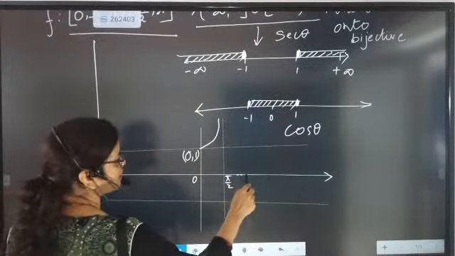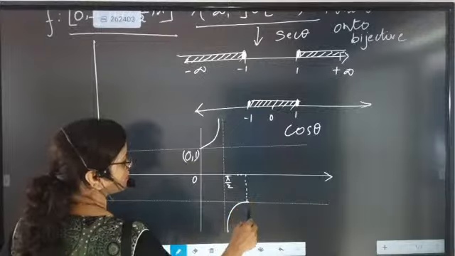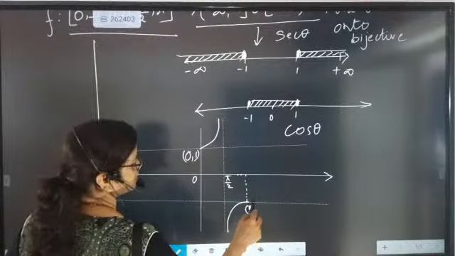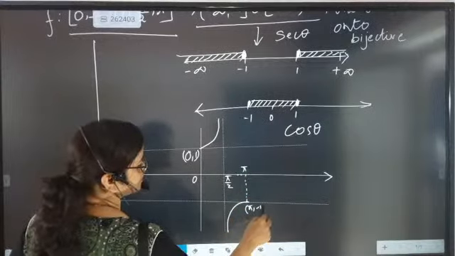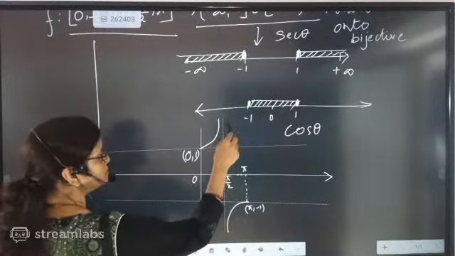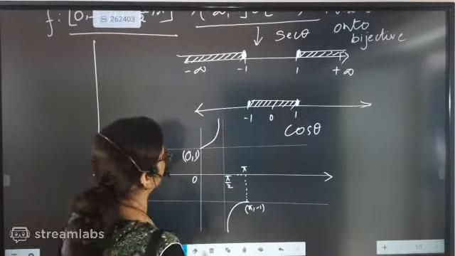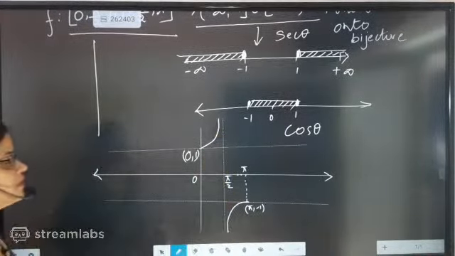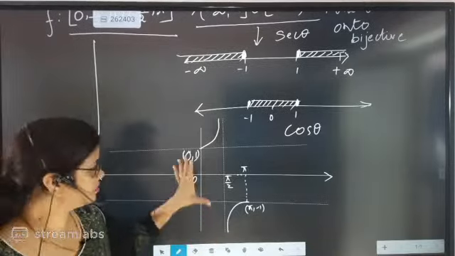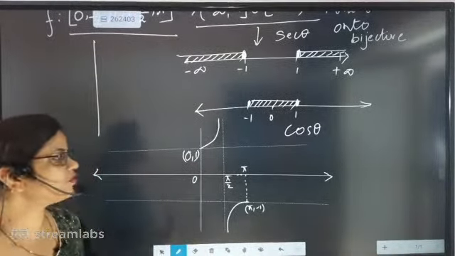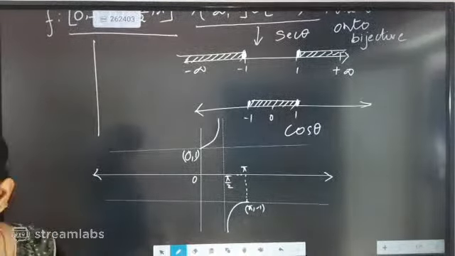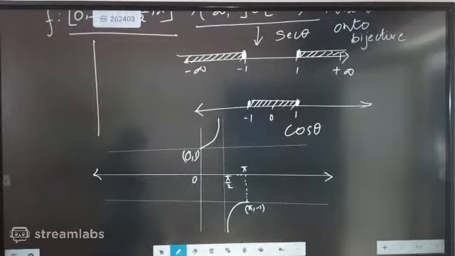So now at pi, for this much section only the inverse is possible. And this is exactly one-one onto.